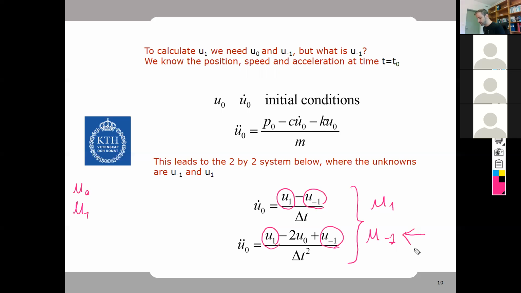This one is useless. We don't need it for anything, but it's needed for the calculation. This is the one that we're interested in. And once we have U0 and U1, we can just apply the previous rule to calculate all the coming values, right? And so on to infinity.